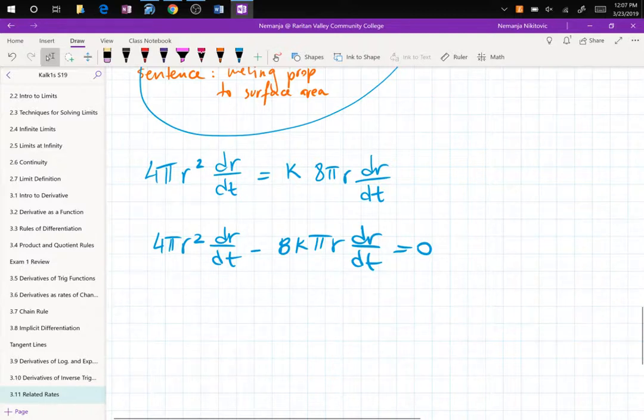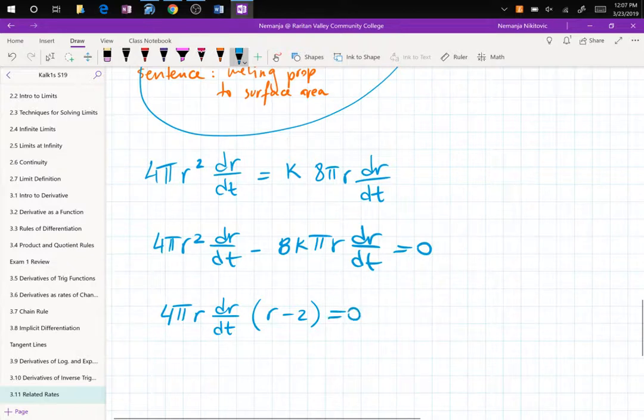Factor out 4 pi r dr dt in parenthesis, r minus 2K equal to 0.